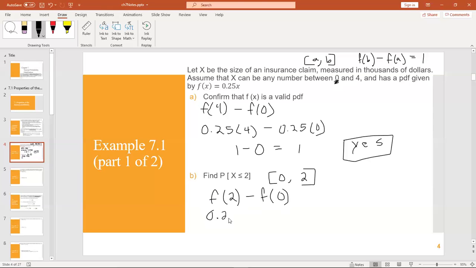You plug in 2 into the function, 0.25 times 2, and then subtract 0.25 times 0. 0.25 times 2 is 0.5. 0.25 times 0 is 0. You work that out and you get 0.5. So there's a 50% chance that the values are 2 and below. That kind of makes sense because we're limited from 0 to 4, so 0 to 2 is half of that.